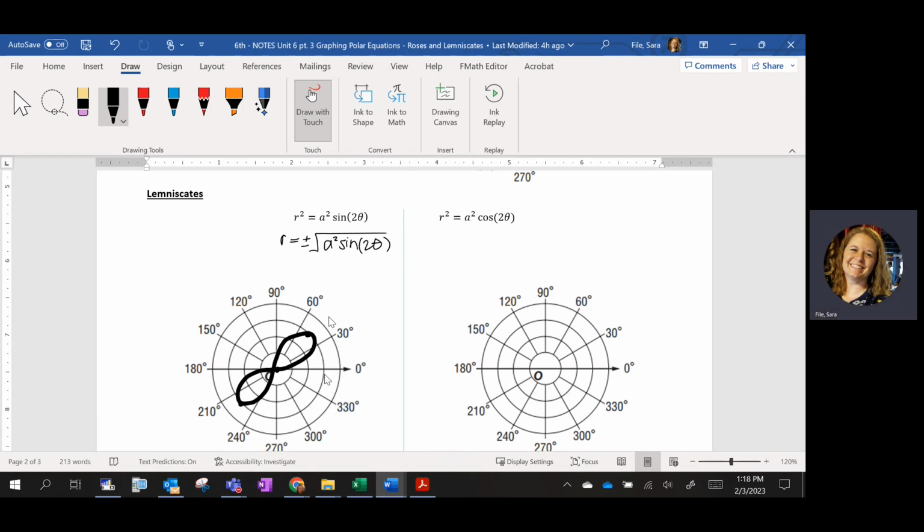That's a lemniscate. That's a sine. If it's cosine, it goes along the polar axis. So far, so good? All right.